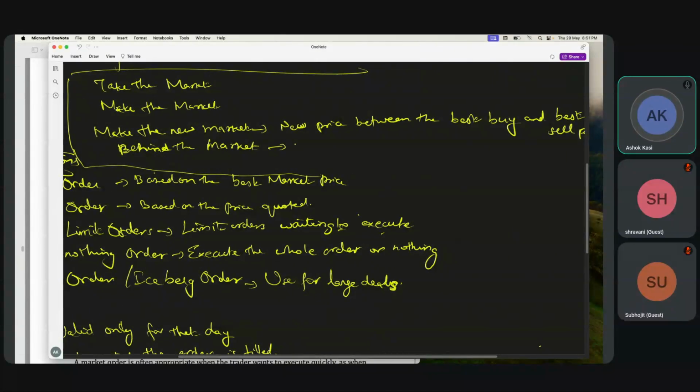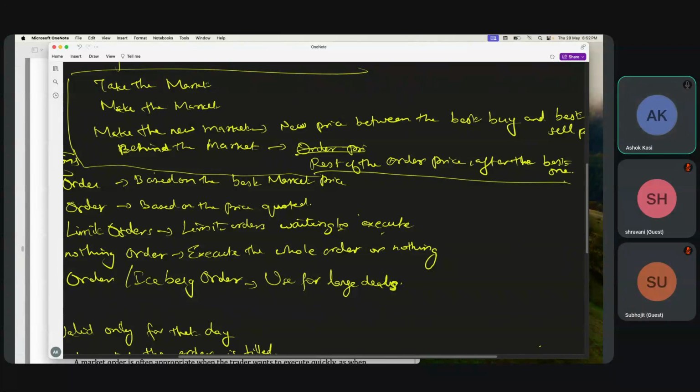Behind the market means the order price after the best one, or the rest of the order price after the best one. Then take the market means placing an order matching with the best price.